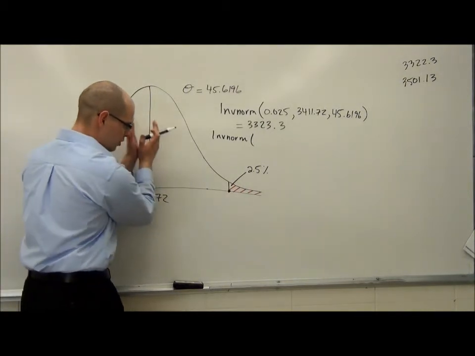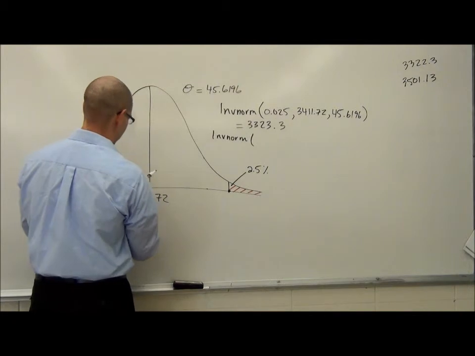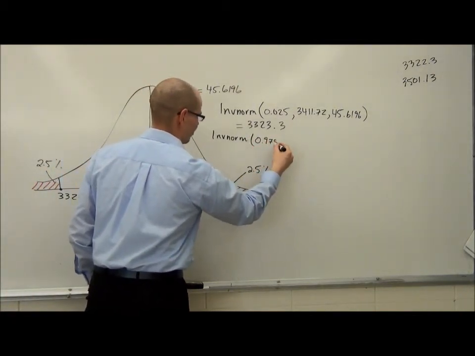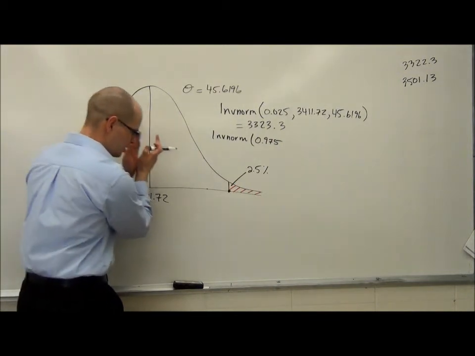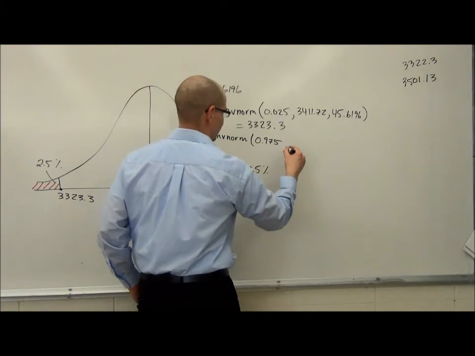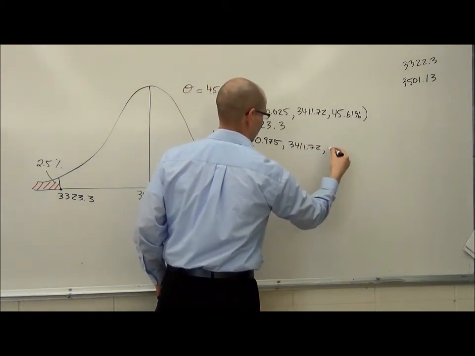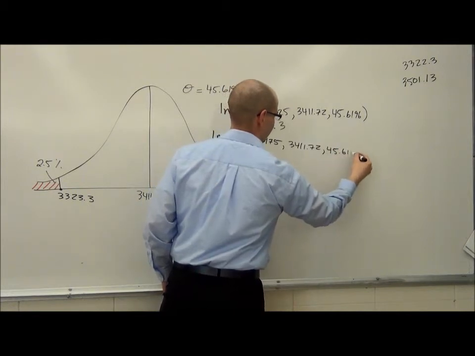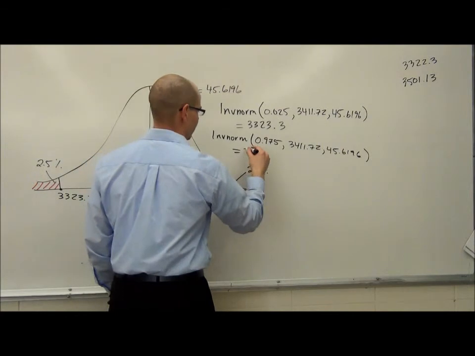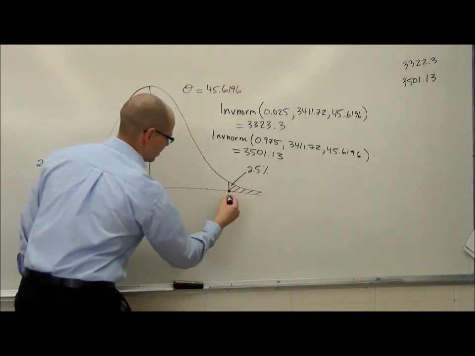So from far left all the way up to here is 97.5% of the data. So the area I'm going to put in is 0.975. Next, I again put in my mean and my standard deviation. And it will spit out a data value, and it spits out 3,501.13. So this value here is 3,501.13.